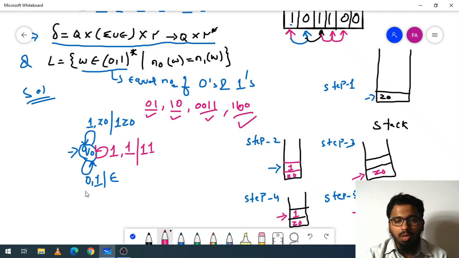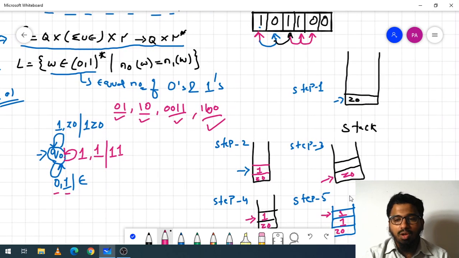What will it perform? 0 is in the string and 1 is the top of the stack, and we will get the epsilon. That means we need to remove this 1.